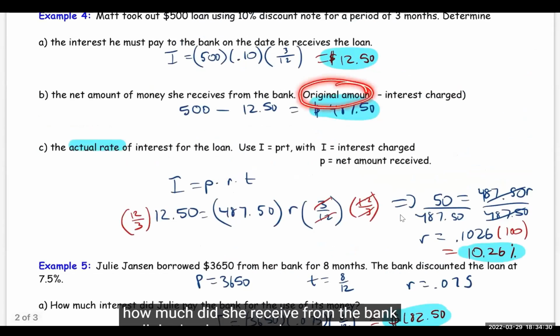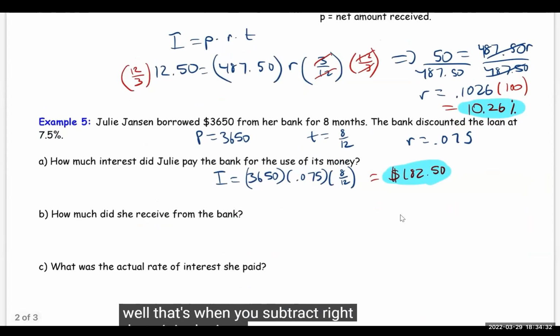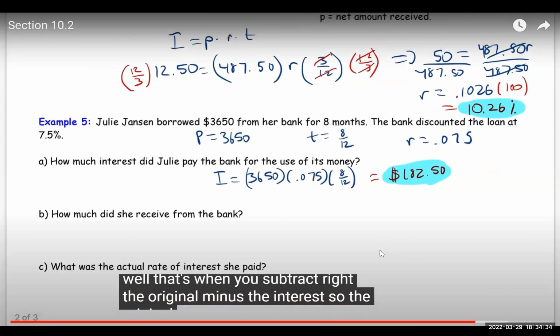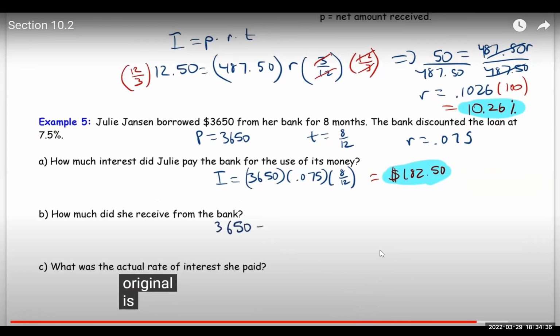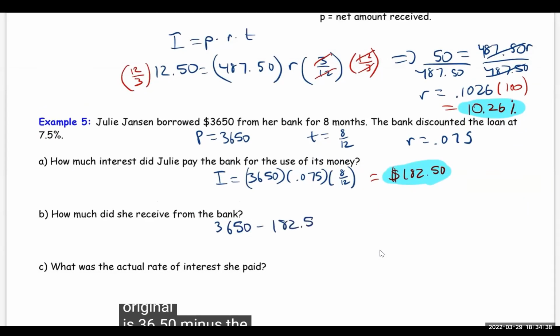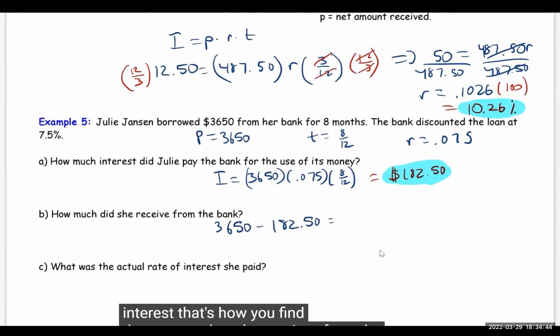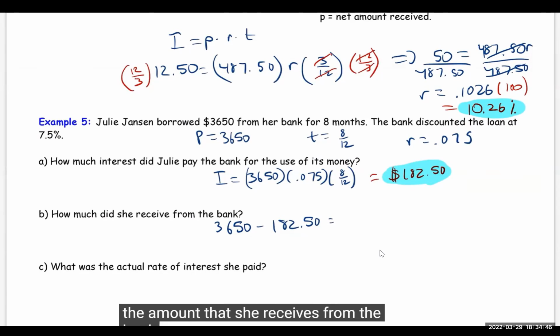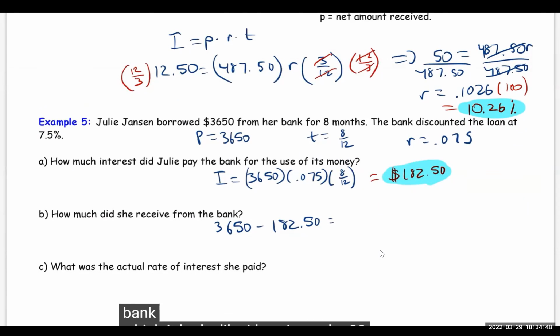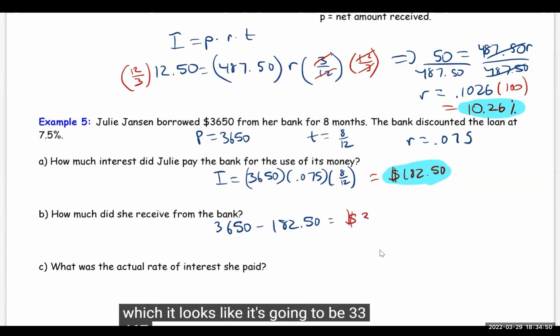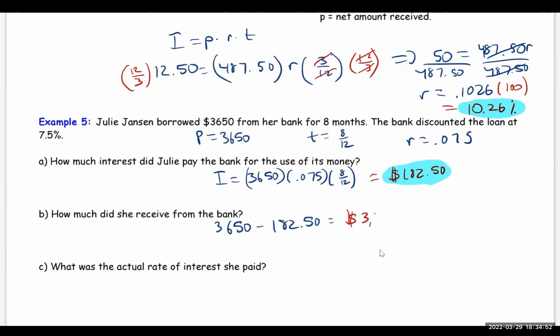Well, that's when you subtract, right? The original minus the interest. So the original is $3,650 minus the interest. That's how you find the amount that she receives from the bank, which it looks like it's going to be $3,467.50.